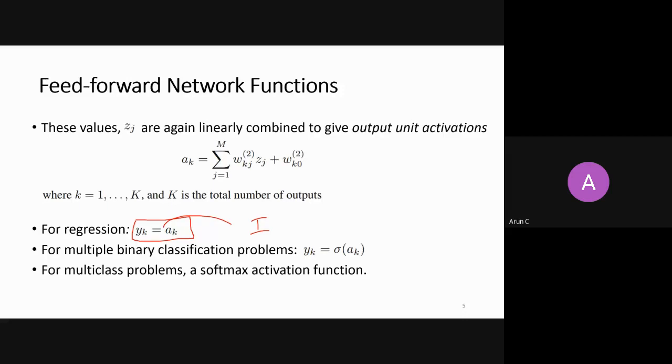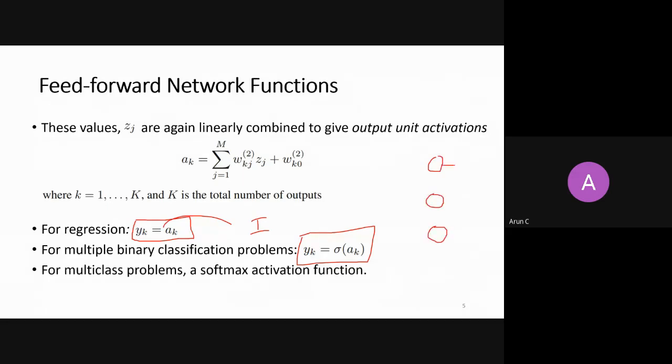It is just the identity function. If it is a binary classification problem, just apply sigmoid, as we did in logistic regression, right? And for multi-class problems, we apply softmax. What does softmax do? Let's say I have 3 nodes at the output, which are applying sigmoid.